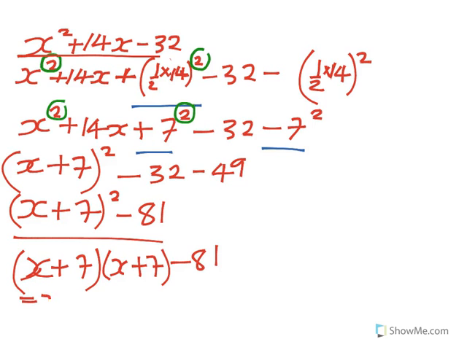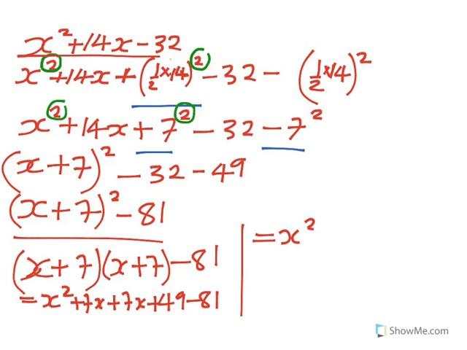This will be equal to x squared plus 7x plus 7x plus 49 minus 81. This will be equal to x squared plus 14x. 49 minus 81 is minus 32, which is the original one that we studied in the first case. Hence, it will always go to the original. But we have completed a square.